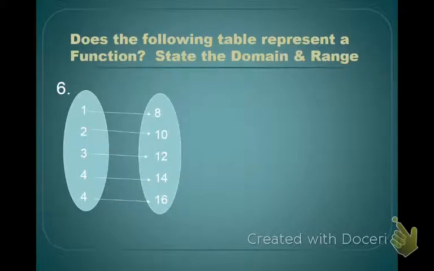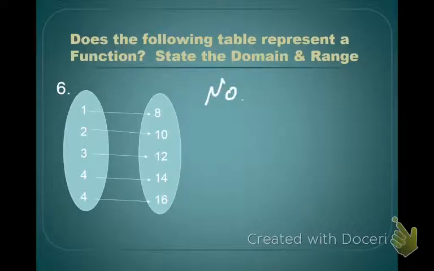Okay. Each input. So if I put 1 into the function, I'm going to get what? 8. If I put 2 into the function, I'm going to get what? 10. If I put 3 into the function, I'm going to get what? And if I put 4 into the function, I'm going to get 14, and 16, and then 6. Uh-oh. I don't want to put 4 into a function and get 2 different values. Does that make sense? Okay. So, function?